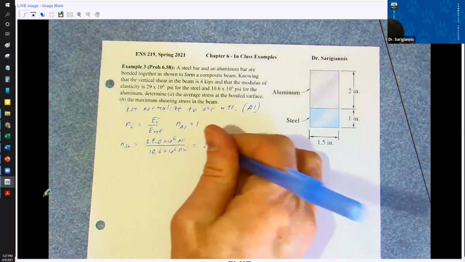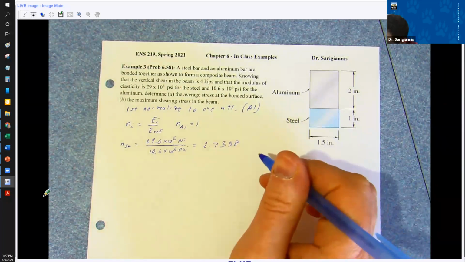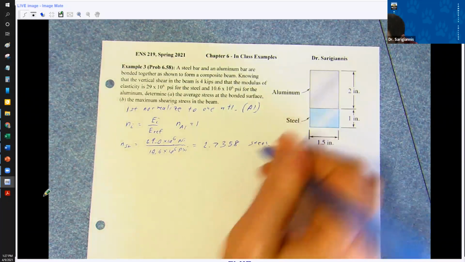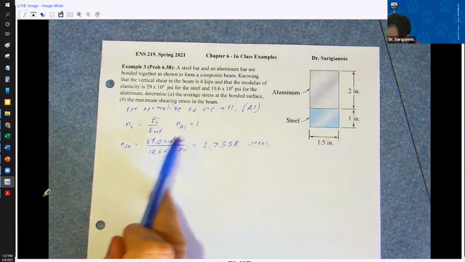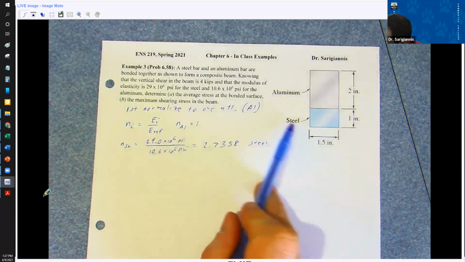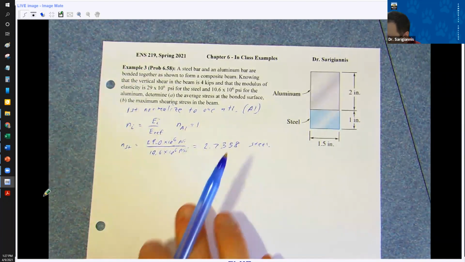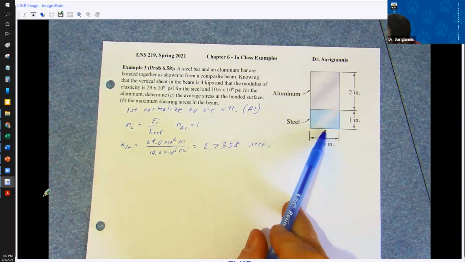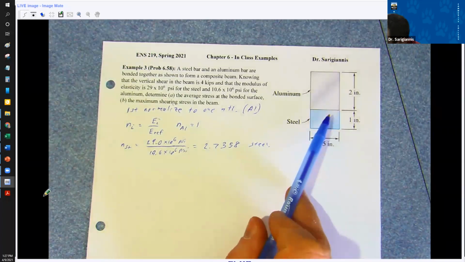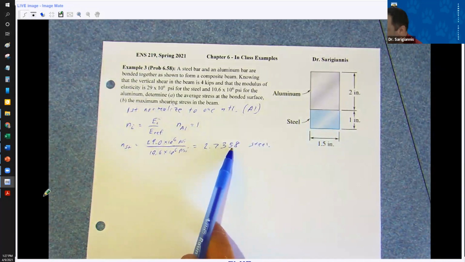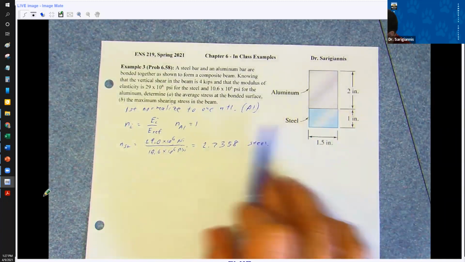This turns out to be, assuming I did my calculations correct last year, 2.7358 for steel. n is our factor that multiplies basically the area now, right? This is saying that if we treat everything as aluminum, steel is like having 2.73 times the amount of aluminum, width-wise.